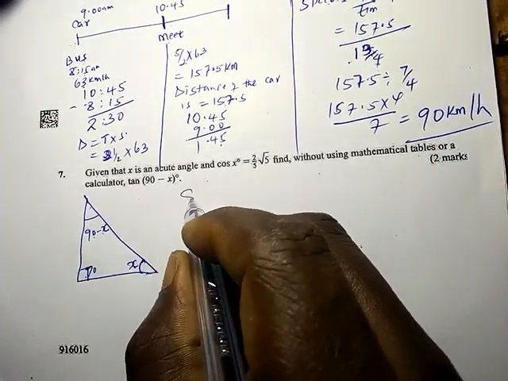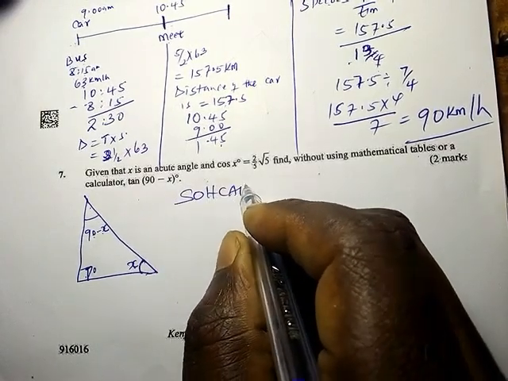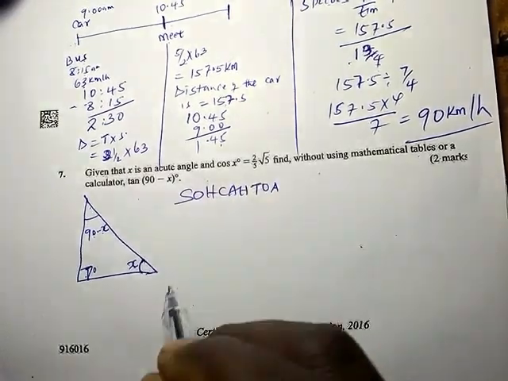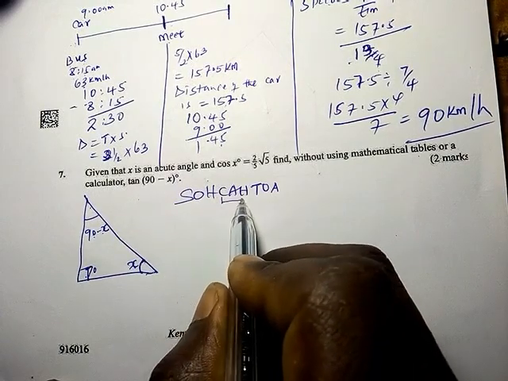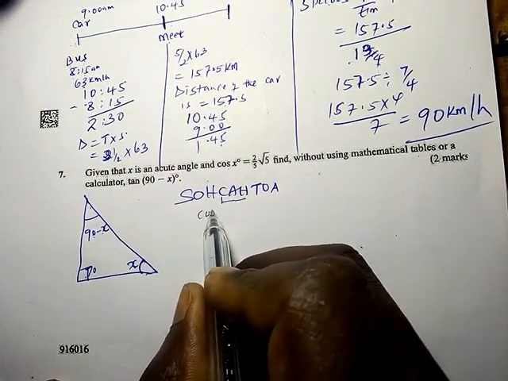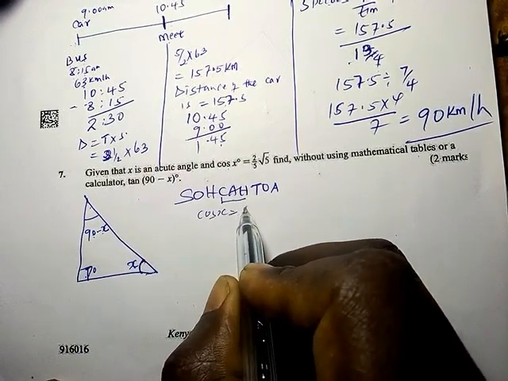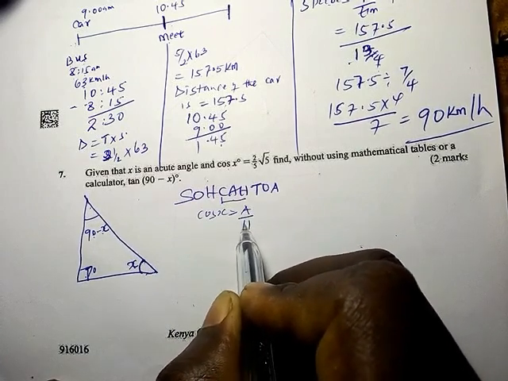So cos we use SOH CAH TOA. So we are talking about cos x. Cos x is equal to adjacent over hypotenuse.